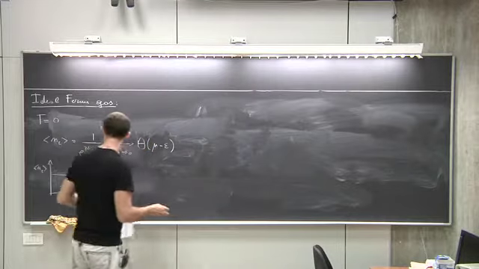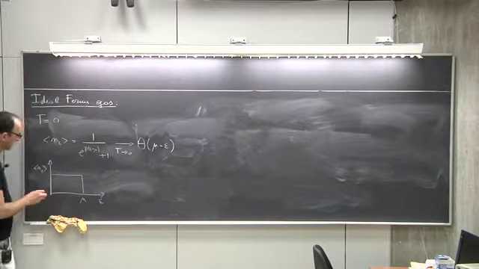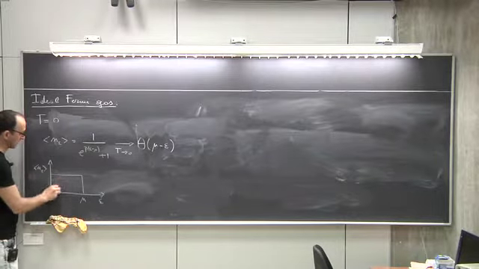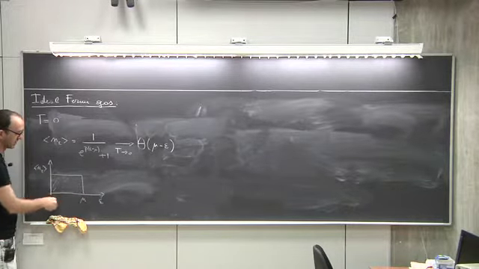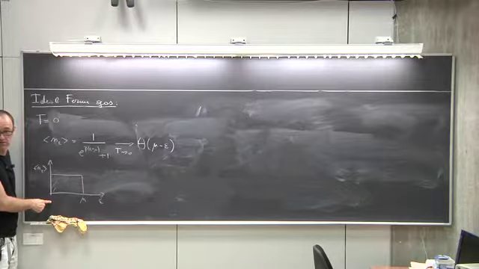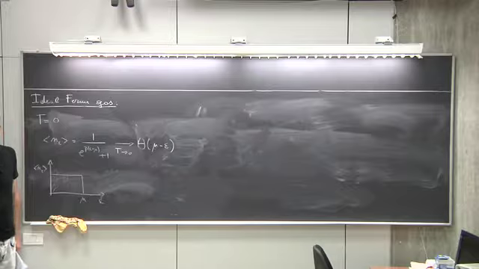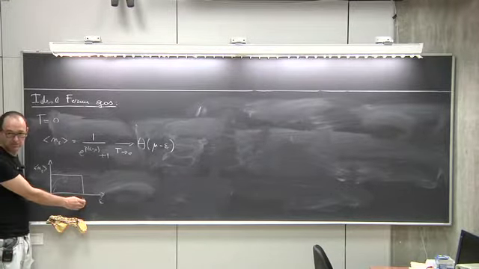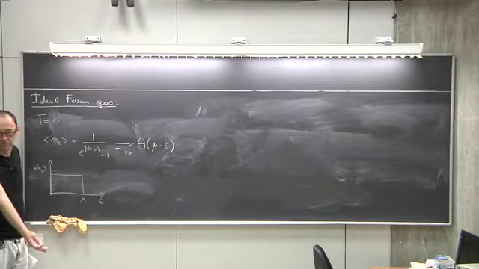And to do this, essentially I have to ensure that the number of particles in all the states which are less than mu is exactly equal to n. I have to count all the states with energy less than mu and impose that this is equal to n.